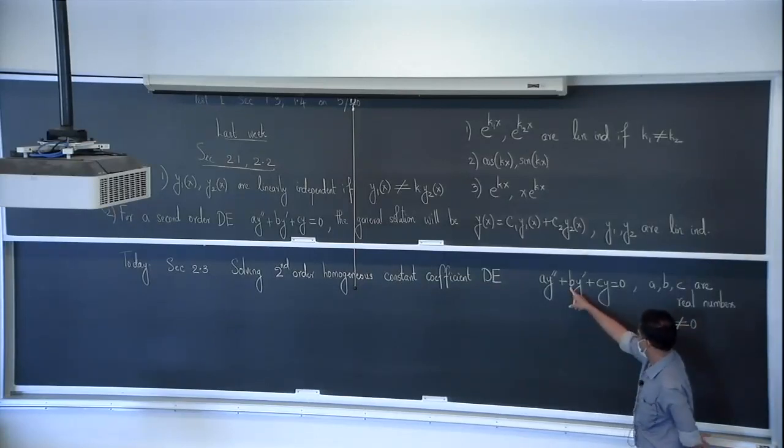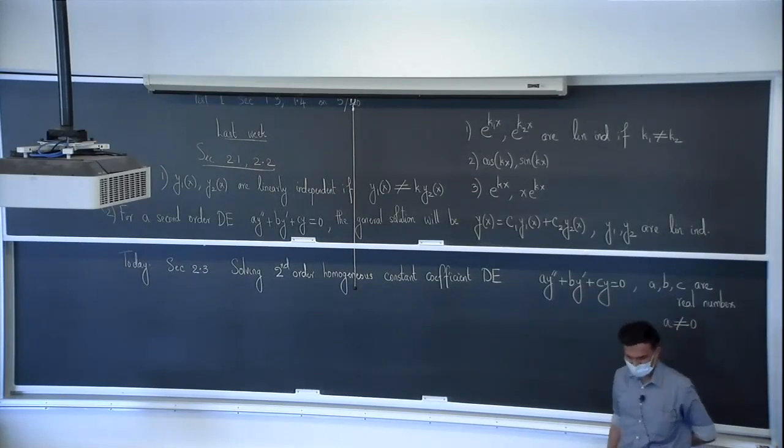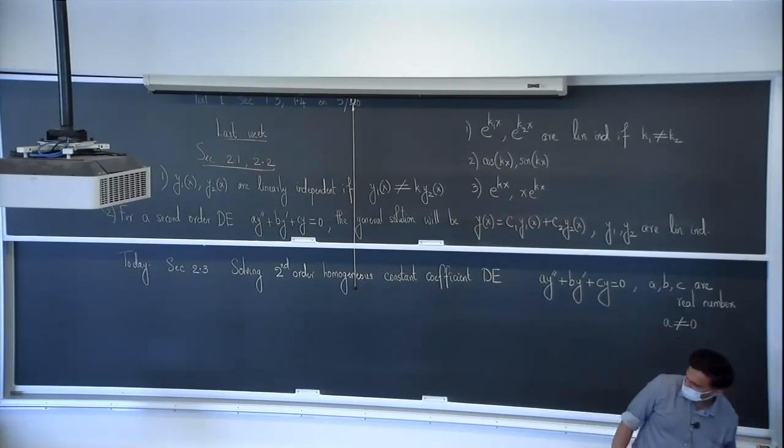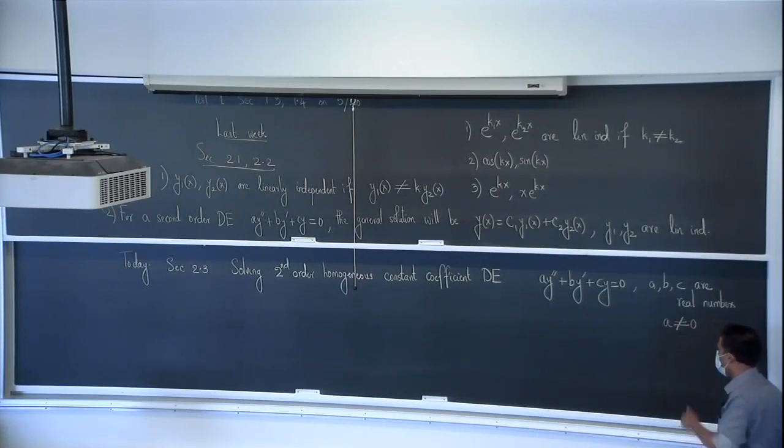It's not a problem if b or c is equal to 0, that's fine, but a cannot be equal to 0. So let's see what the solution to this looks like.